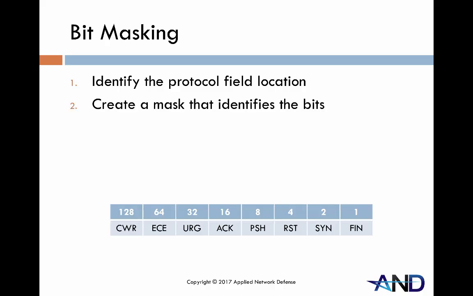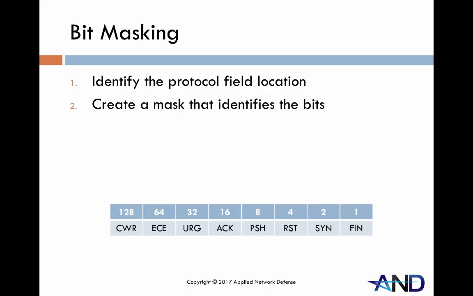Next, we want to create a mask that identifies the bits. I want you to think of a mask as basically something that tells the filter what bits within a byte to be concerned about. We definitely have to start with a single byte, but then once we have that byte, tell me what bits I'm concerned about. And we mask those, once again, by using binary, so ones or zeros.